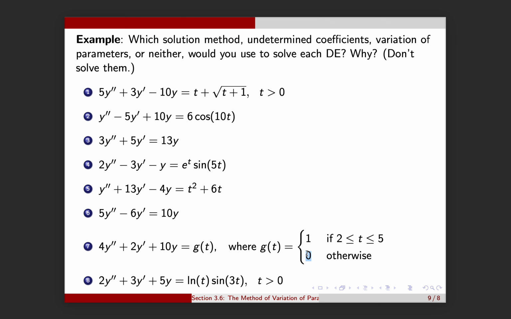Otherwise, it's a horizontal line on the t-axis. So this function has a break at time 2 and a break at time 5. At time 2, it jumps from 0 to 1, and then at time 5, it jumps down from 1 to 0. G of t here is not continuous.